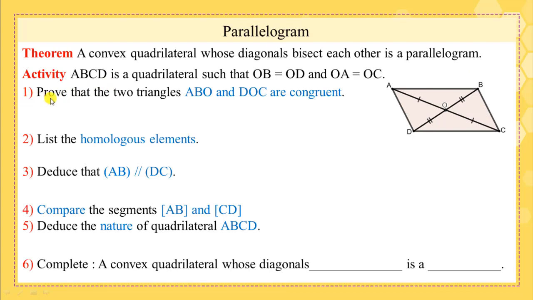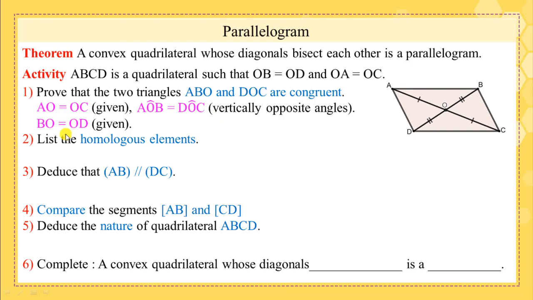Part 1. Prove that the two triangles ABO and DOC are congruent. AO equals OC, given. AOB equals DOC, vertically opposite angles. BO equals OD, given. Then triangles ABO and DOC are congruent.